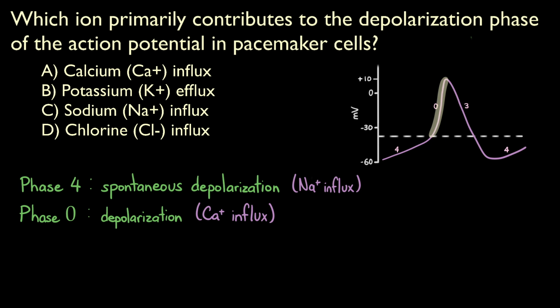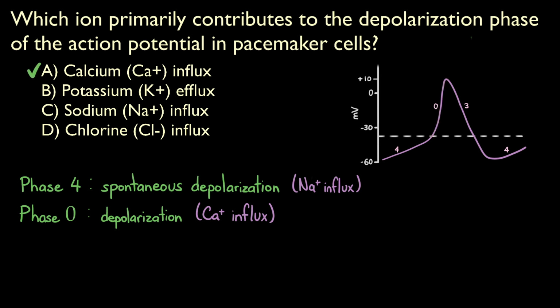This rapid influx of calcium ions during phase 0 is responsible for depolarizing the membrane and triggering the action potential. The depolarization in phase 0 is much greater and more rapid than the spontaneous depolarization in phase 4.